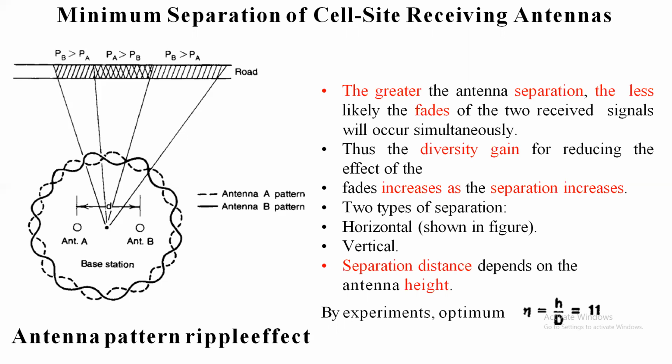The separation between two transmitting antennas should be minimized to avoid intermodulation, right? That means the distance between two transmitting antennas should be kept very small to avoid intermodulation.